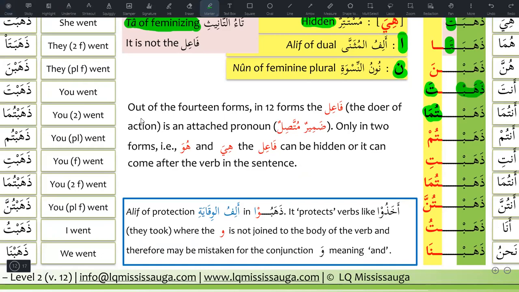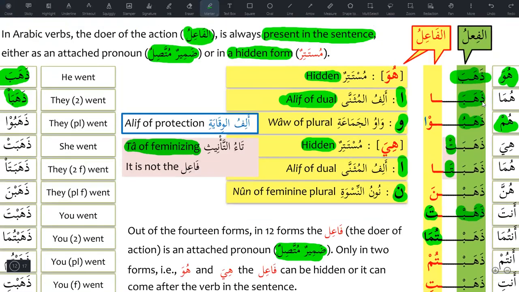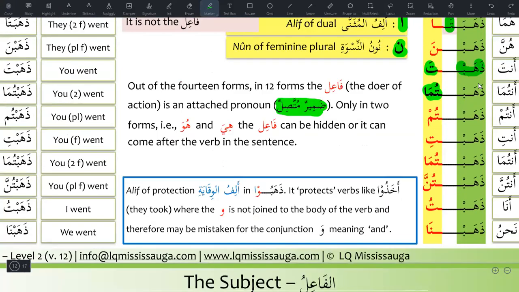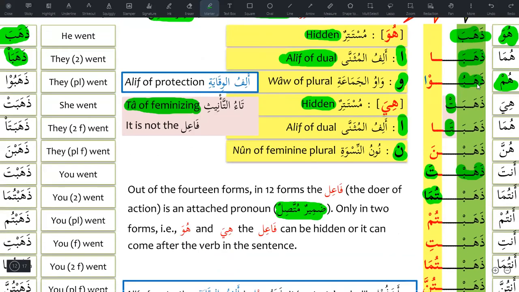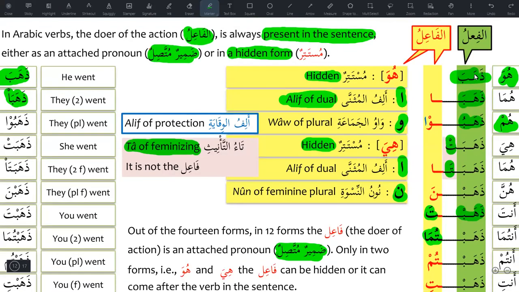Okay. Then what does he say? Out of the 14 forms, in 12 forms of the fail, the doer of action is an attached pronoun, damir muttasil. Like you see here, these are 12 forms of verb. Out of 14 forms, in 12 forms, fail is an attached pronoun, except zahaba and zahabat.